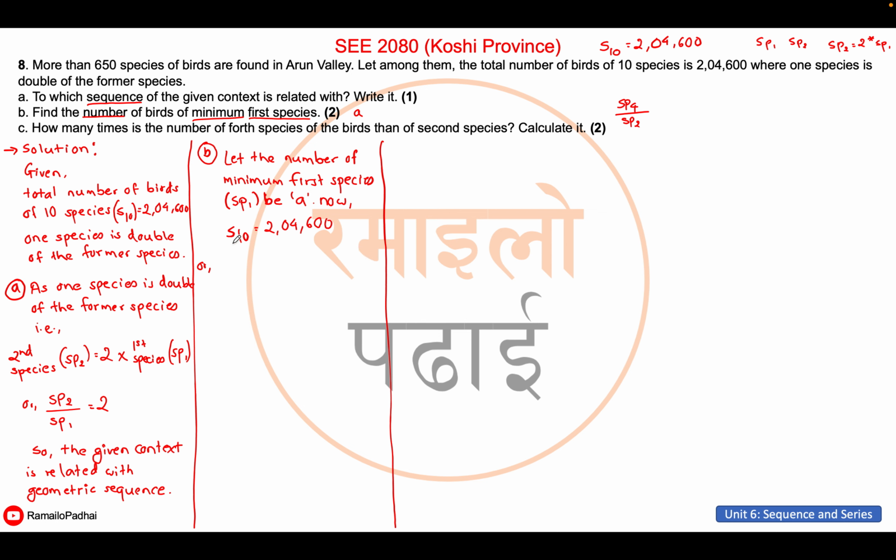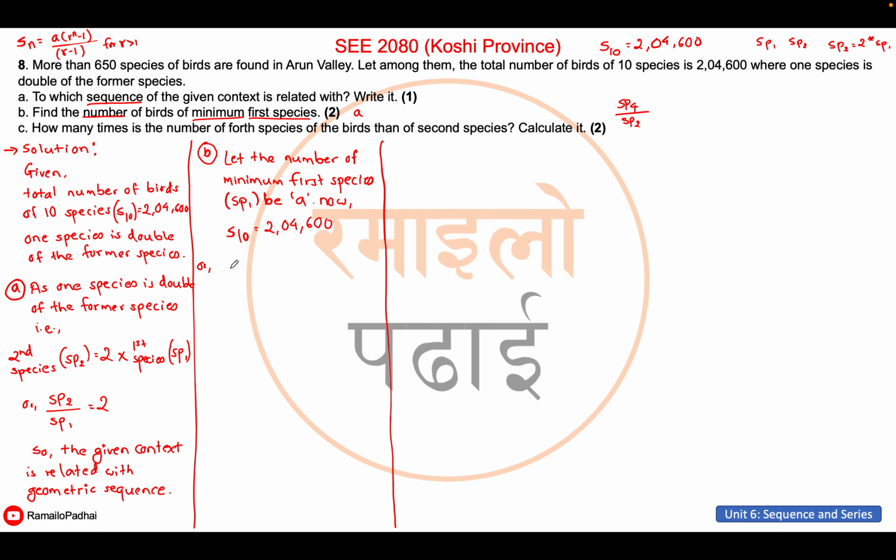Here the sum of 10 terms, I mean Sn, is equal to a times r to the power n minus 1 upon r minus 1, for r greater than 1. As we have r equal to 2 here, we will use this formula.